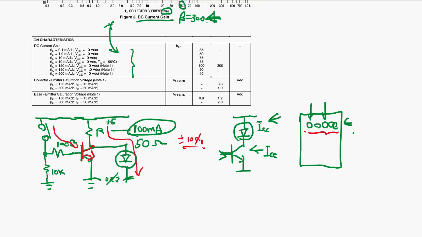So the collector voltage drops down to like 200 millivolts above the emitter, and that voltage is not large enough to turn on the LED, so the LED is off. So the switch on, LED off. Okay, switch off, then LED is on.